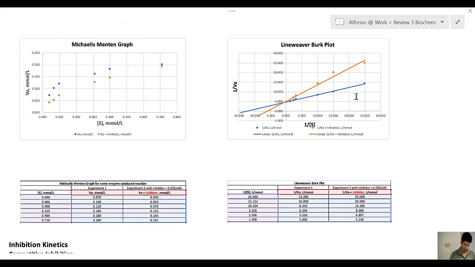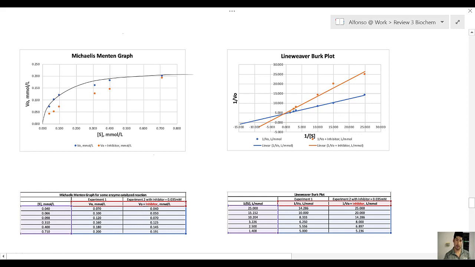All right, so what I did here is I took the exact same graph that I had above and I added an inhibitor. So this line right here represents the Michaelis-Menten graph without any inhibitor. So this is inhibitor concentration equal to 0, we'll say 0 millimolar.